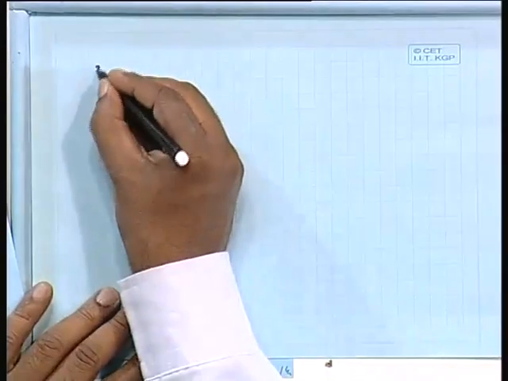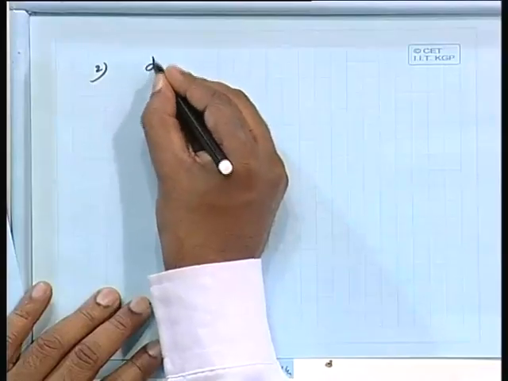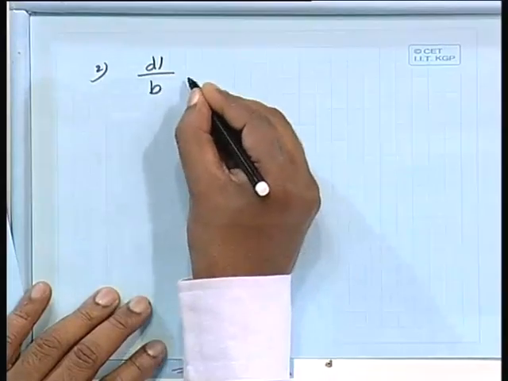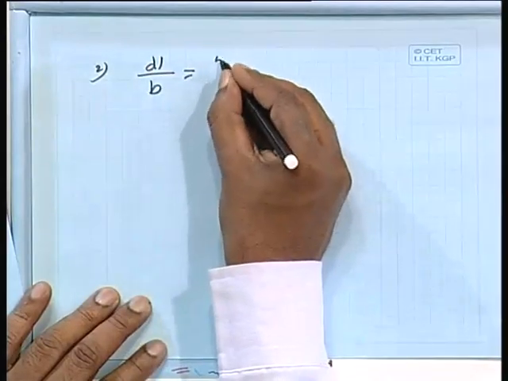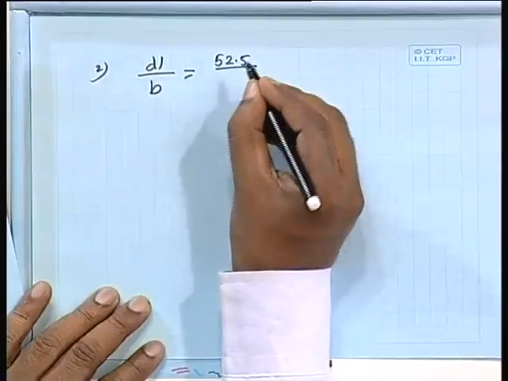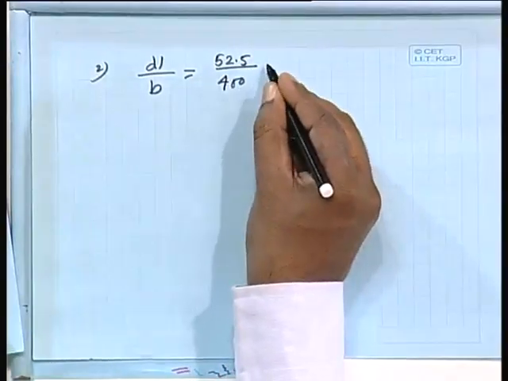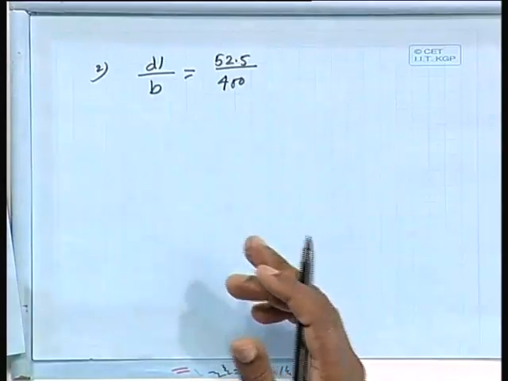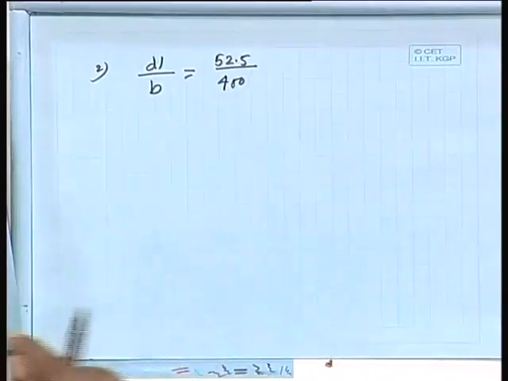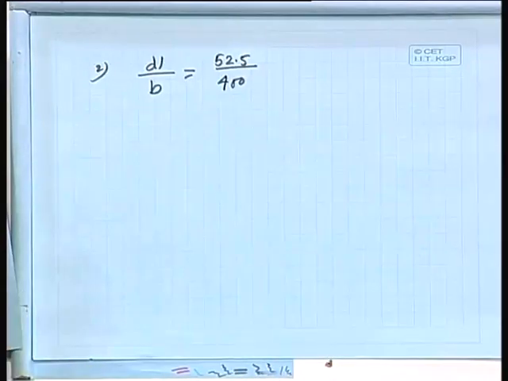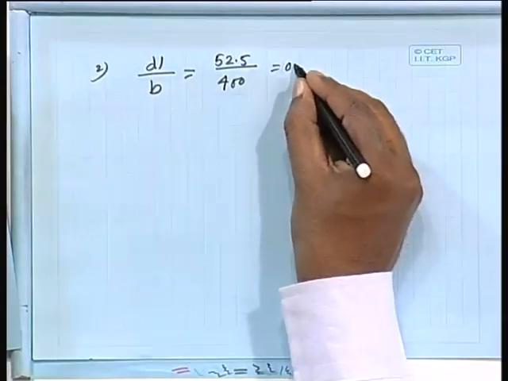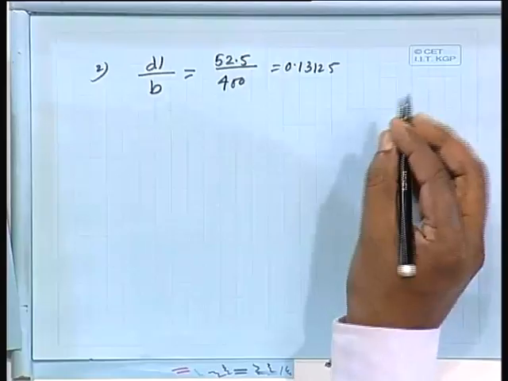So, number 2, d dash by b will be equal to 52.5 divided by 400, because I am talking about the other axis, let us say that is the minor axis. So, 52.5 divided by 400, 0.13125.